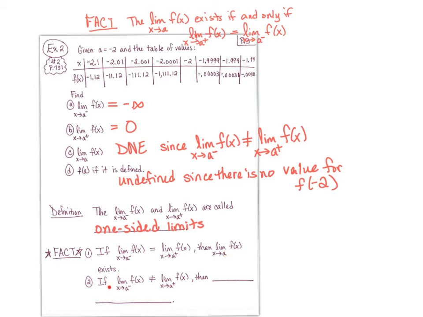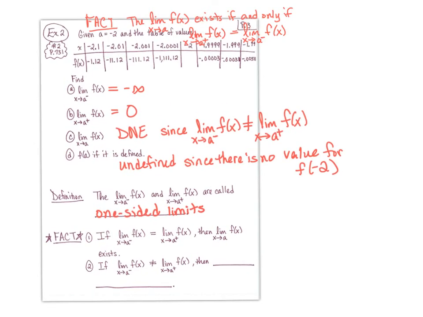If the left-hand limit is not equal to the right-hand limit, then we say that the limit of f of x as x approaches a does not exist.